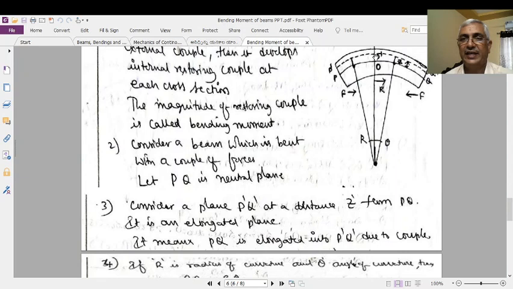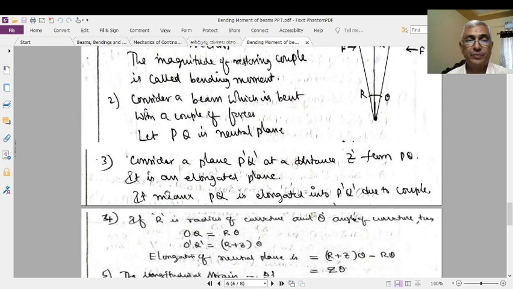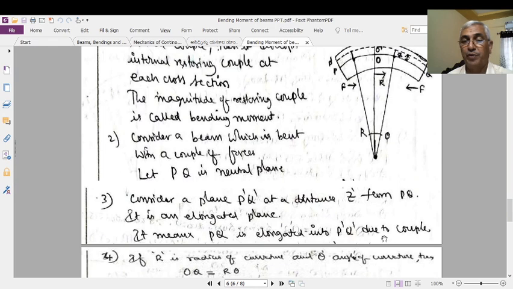Let its center be O prime. The neutral layer center is O. This is the center of curvature, and this is the radius of curvature, capital R. PQ is elongated into P prime Q prime due to the couple.